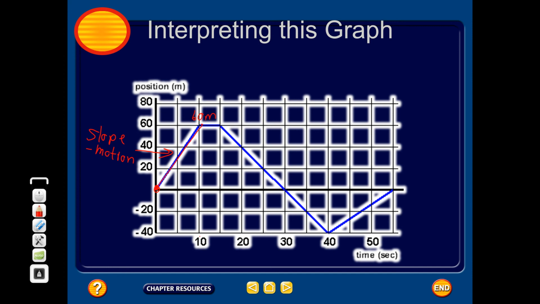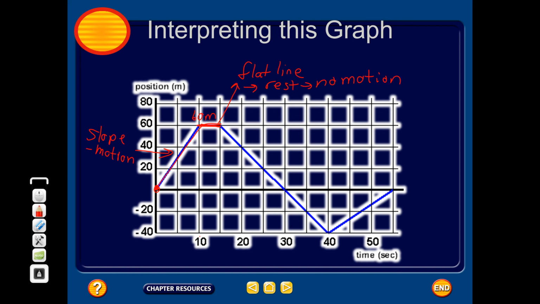So what has happened? I have moved. Okay? When I hit a flat line, though, no matter where it is, a flat line on a graph, no slope, means I'm at rest, which means no motion. Rest is our term for no motion. Because what's happening here? At 10 seconds, I'm at 60 meters. At 11 seconds, I'm at 60 meters.